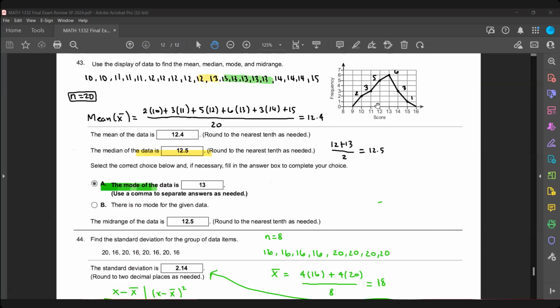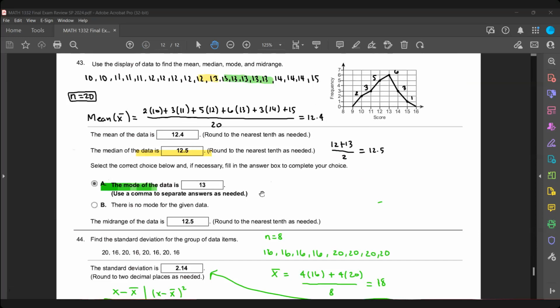Also, the mode could be easily found by looking at the graph. Notice that the data item 13 occurs the most, but I could also highlight it here as well.